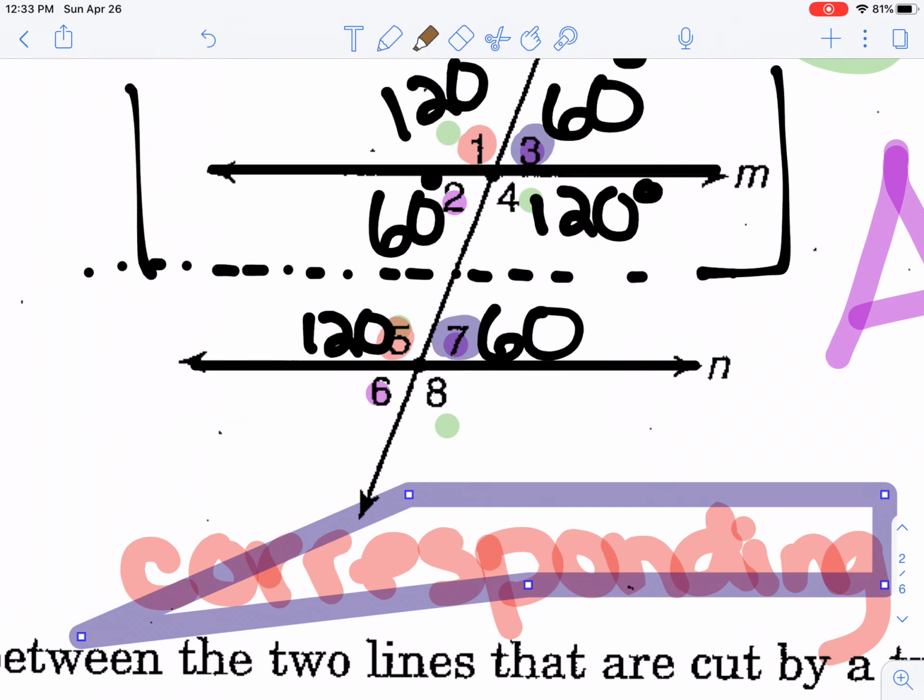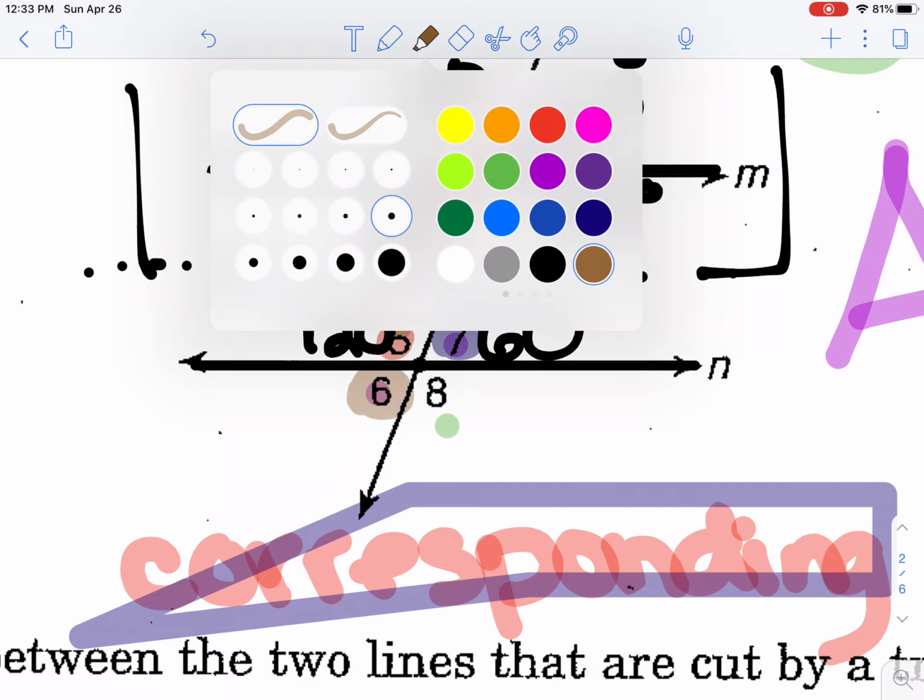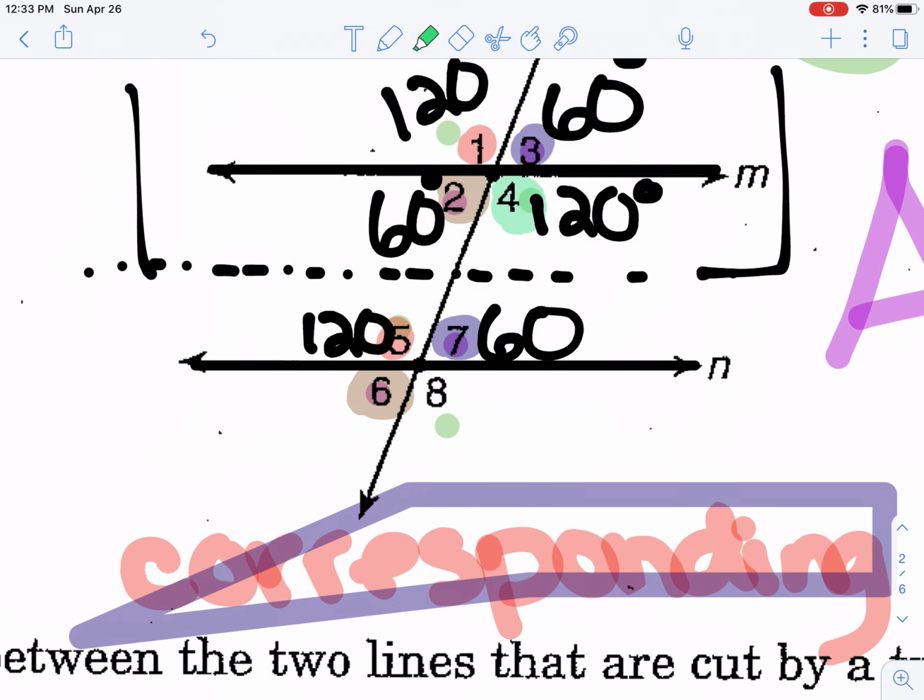How about 2 and 6? They're in the same corners, so they are also corresponding. And the last pair of corresponding angles would be 4 and 8. So they're equal to each other.